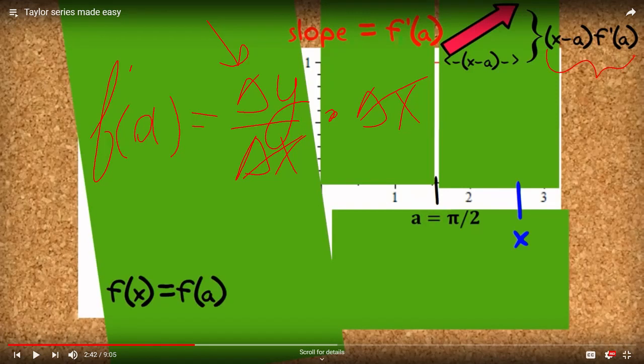This thing here is equal to delta y between these 2 points. So between point A and point x. So if you know the slope, the first derivative at this location, point A, you can use that to estimate the y value of the function at point x.